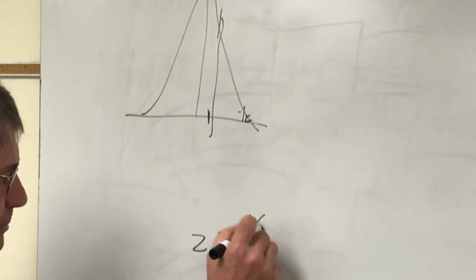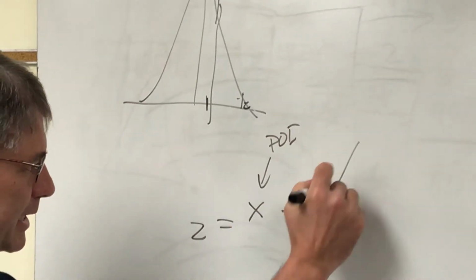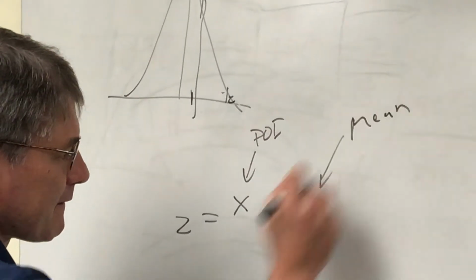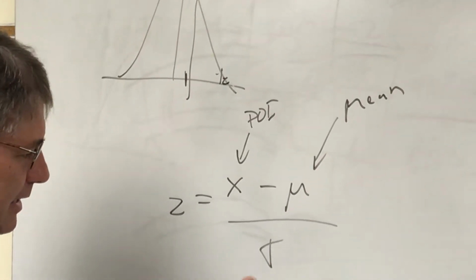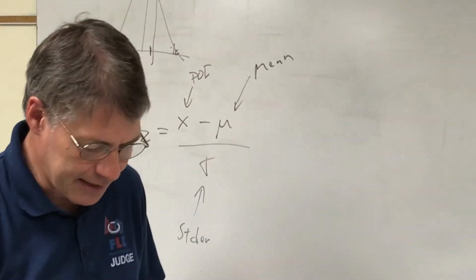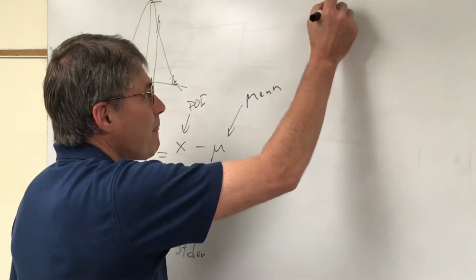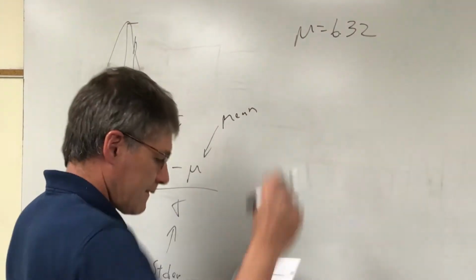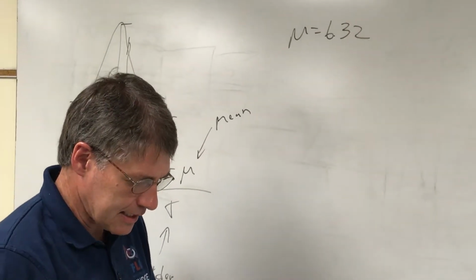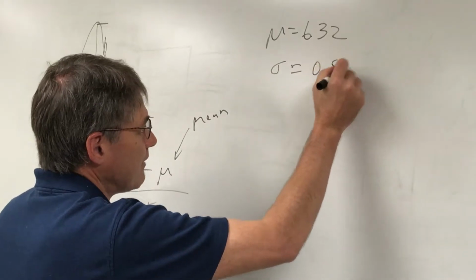And that's equal to z equals the point of interest minus the mean, divided by the standard deviation. So in the case I gave her online, I said we have a process that's running 6.32, and the standard deviation is equal to 0.52.